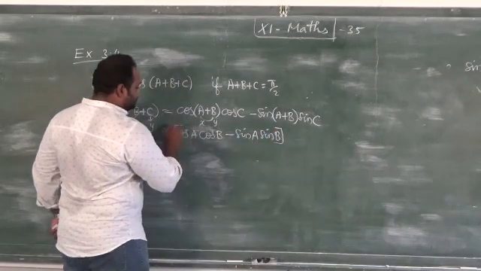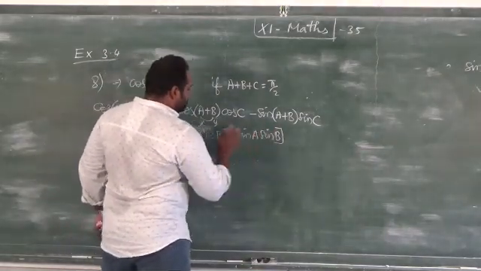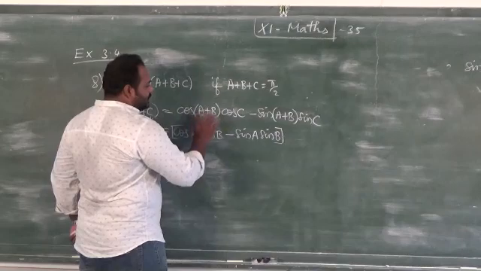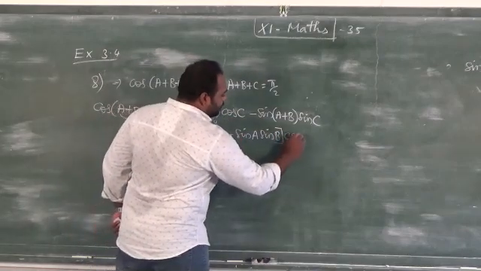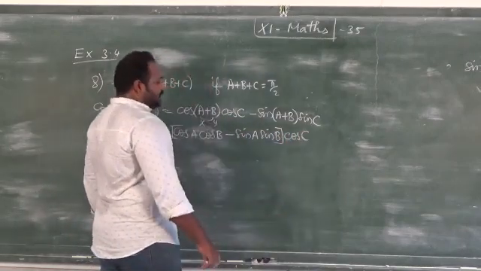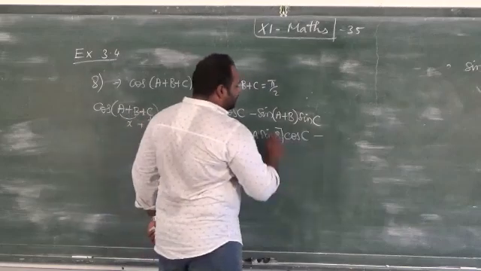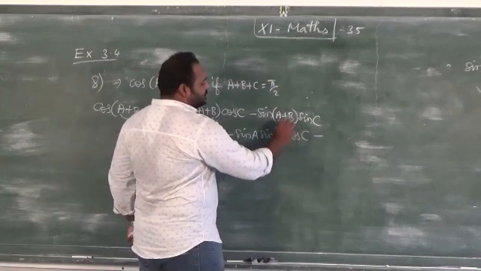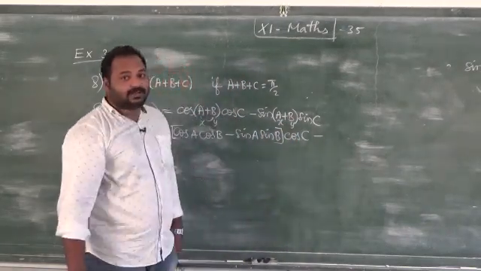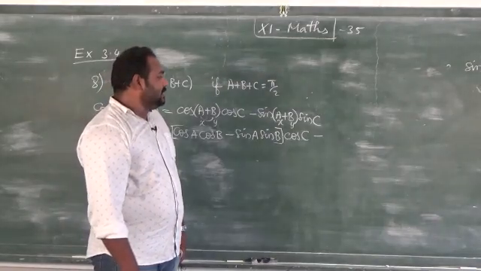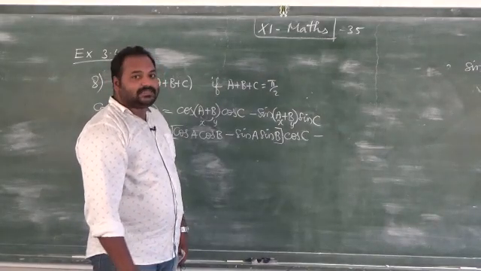So this is expanded from this bracket. We have cos c multiplied with the whole thing, then minus sin of x plus y, where the formula is sin x cos y plus cos x sin y.